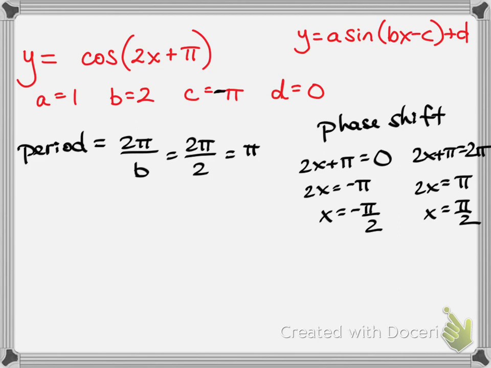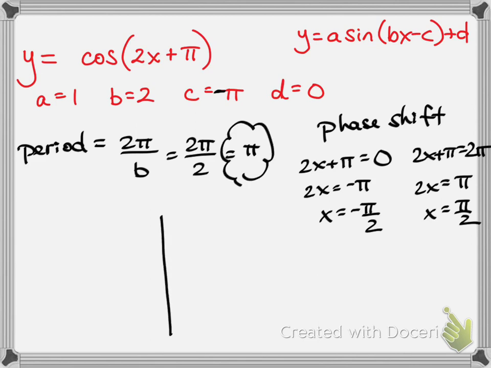So we're going to go from negative pi over 2 to positive pi over 2. That is a length of pi units, so it does agree with the period being pi.